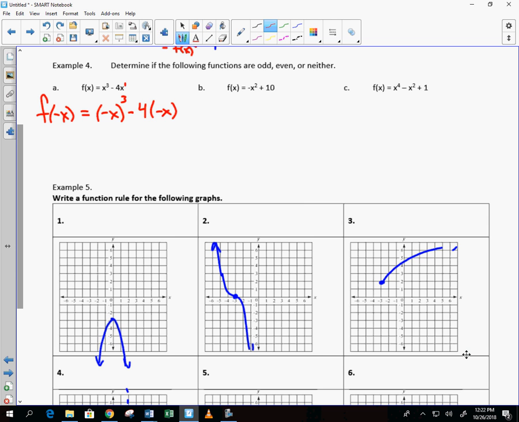It'll produce negative, so negative x cubed, and the minus 4 times negative x would be a plus 4x. Is that the same as what we started with? No, it's different by a factor of negative 1. So if we were to factor out that negative 1, we would get x cubed minus 4x.